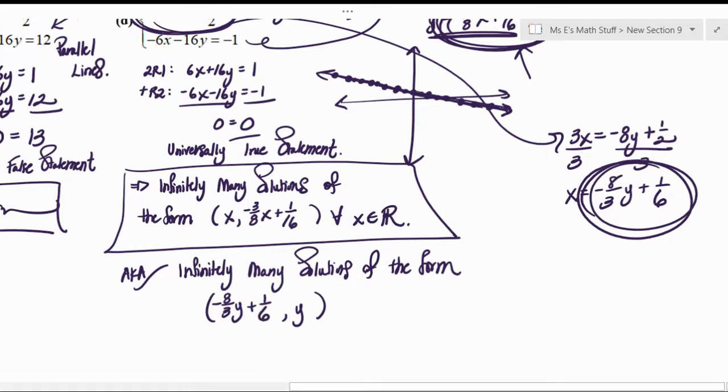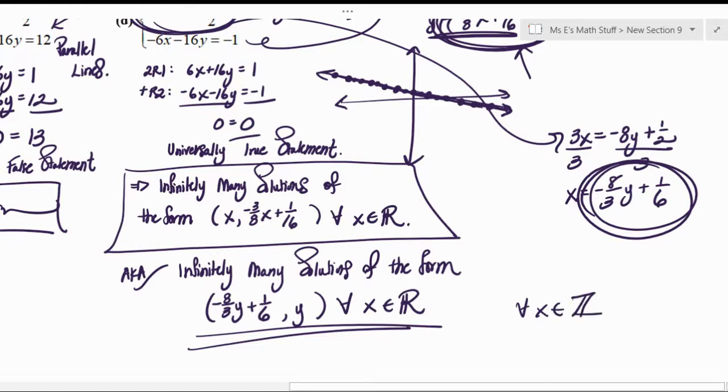So this time your y value is free to be whatever it wants, but your x value would have to follow this formula in order to be calculating points that are actually on that line graph that you're given there. And then don't forget to say for all x from the real number system. Now notice we're saying for all x from the real number system. We're not saying like in the past we've said for all x from the integers.